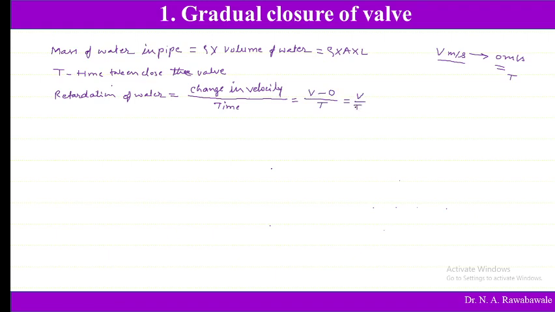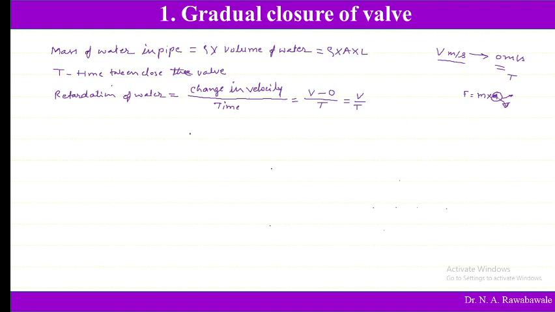So this retardation is going to create some force, and that retardation force is given by mass into retardation. As we know, force is equal to mass into acceleration. Acceleration may be in the increasing rate, then we call it acceleration, and if it is in reduction form, then we call it retardation.